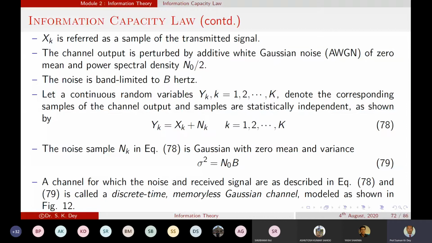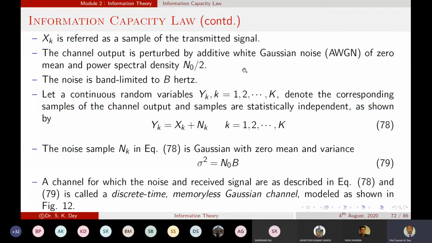So x of k is the sample of the transmitted signal. Now the channel output is perturbed by additive white Gaussian noise, as I told, AWGN, of zero mean and power spectral density equal to N0 by 2.